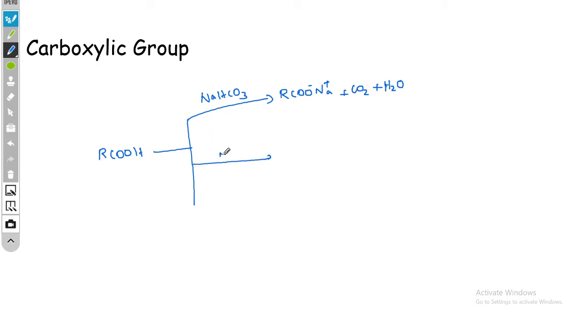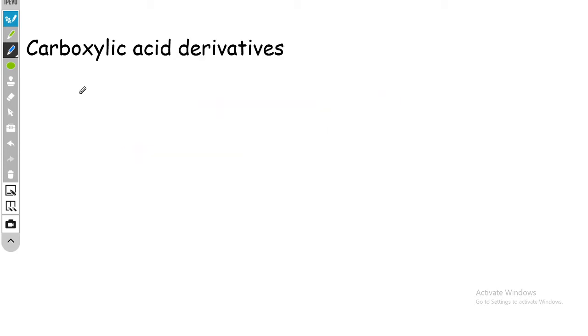When treated with ammonia, it gives the corresponding ammonium salt. If it is treated with an alcohol in the presence of a dehydrating agent like concentrated sulfuric acid, we get the corresponding ester. If the compound gives any of these tests, we can say that it may contain a carboxylic acid.